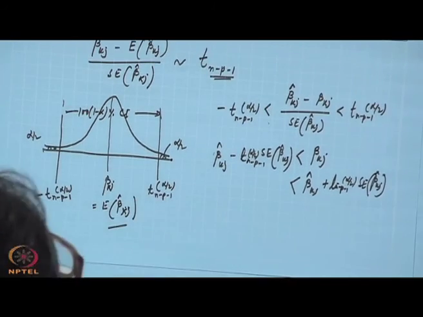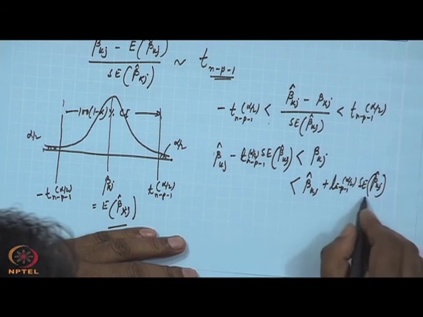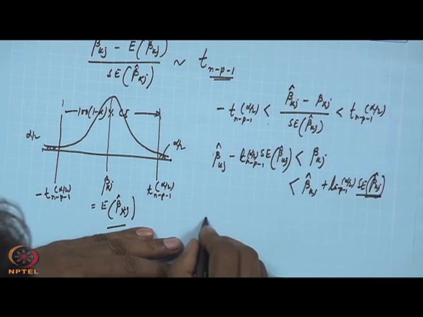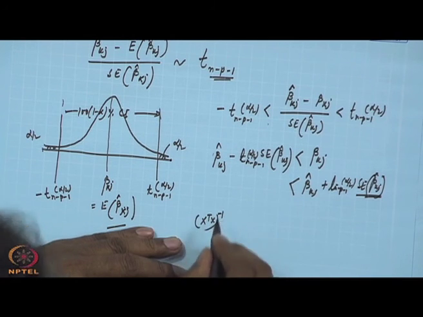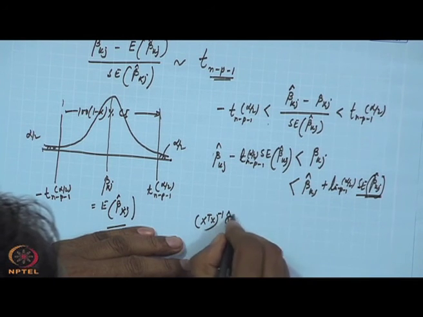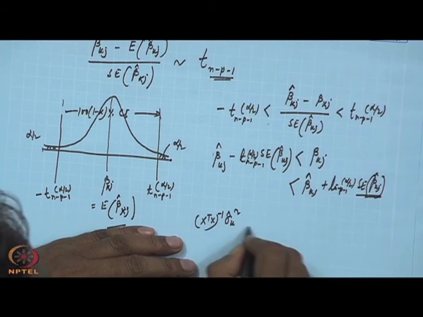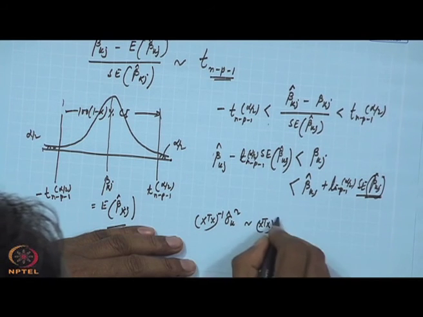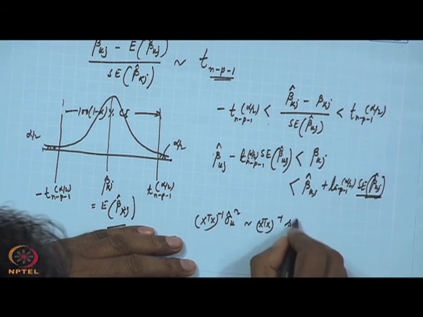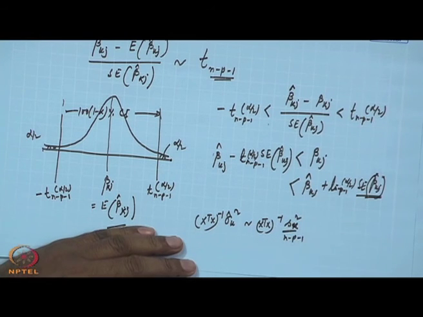So, how do you know the standard error? I told you, it comes from (X transpose X) inverse times sigma_k cap square, which will give you (X transpose X) inverse S_k square by n minus p minus 1.